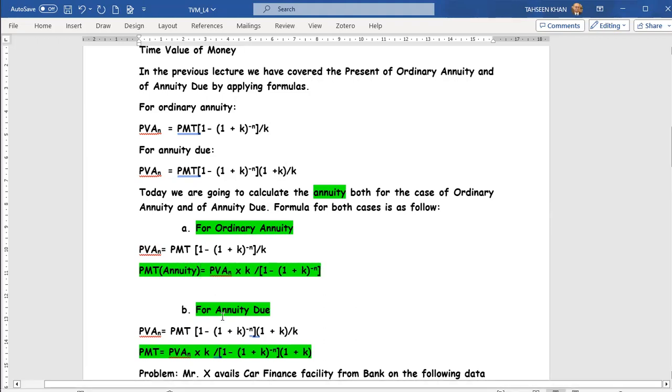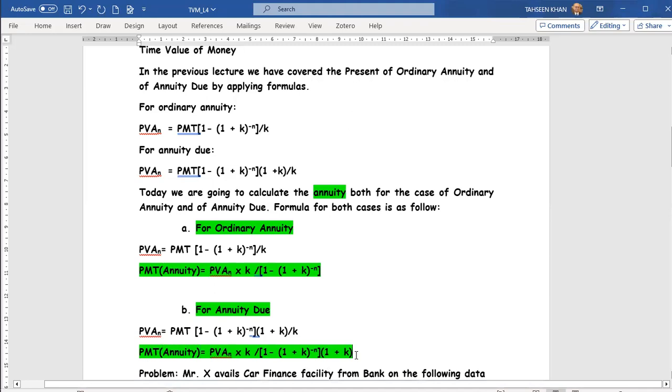In case of annuity due, here we have the formula for present value annuity, and from this formula we have derived the formula for annuity due. You can write annuity here. That will help you to memorize.